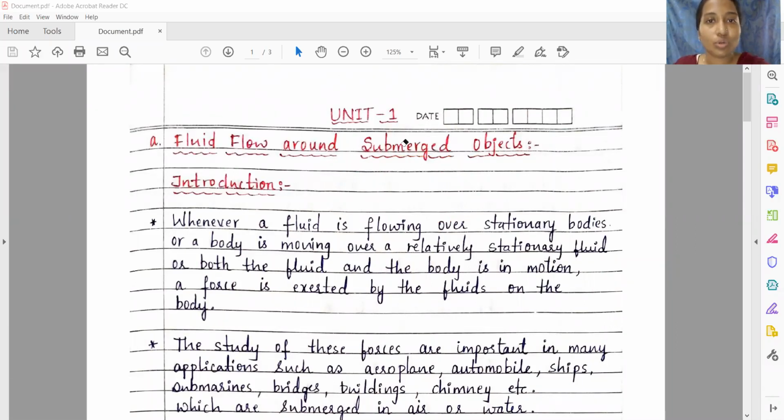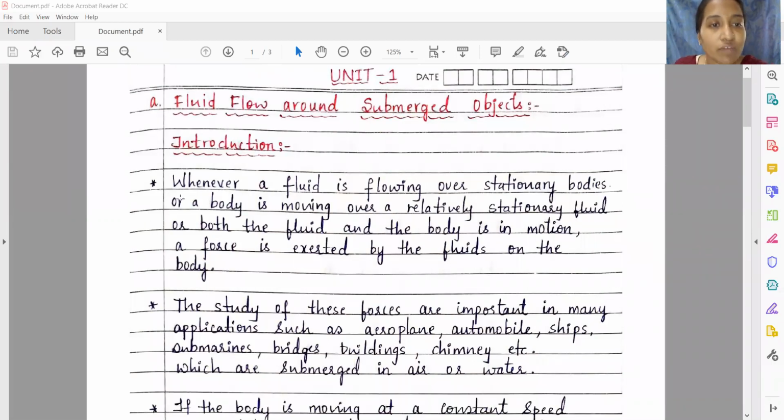Let us start with this introduction part. Whenever a fluid is flowing over stationary bodies, or a body is moving over a relatively stationary fluid, or both the fluid and the body are in motion, a force is exerted by the fluid on the body.